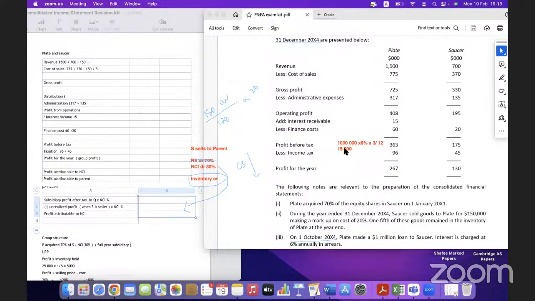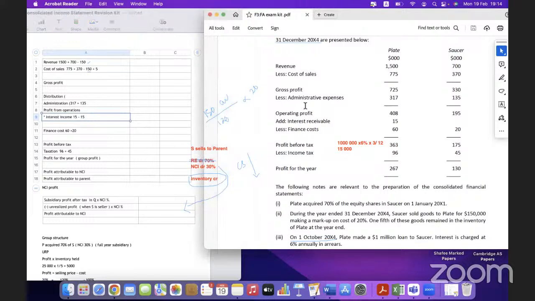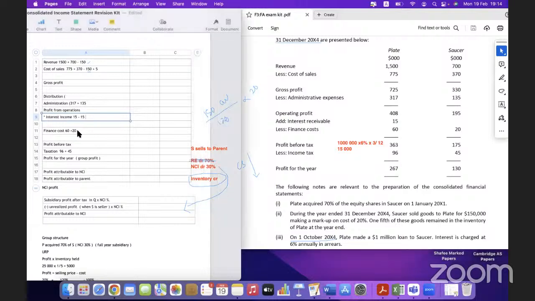So parent is giving the loan means parent will get this interest. Interest received. So go to interest income and from there you eliminate income, debit minus 15. Now, who is going to pay this loan? Who is going to pay the interest? Subsidiary. Paying the interest means interest expense. So go to interest expense. Interest is a finance expense.